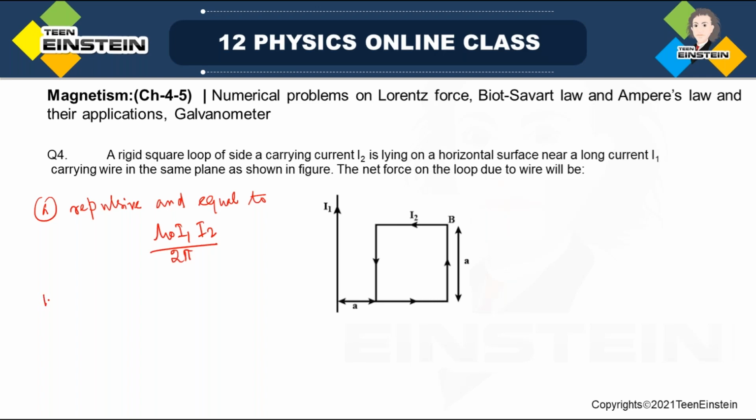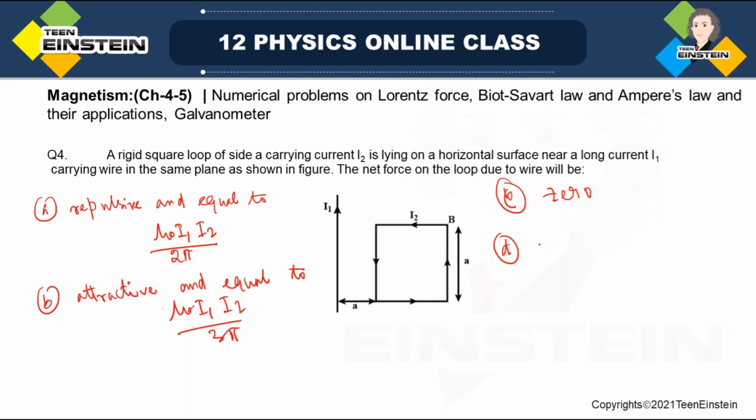Second option, attractive and equal to mu0 I1 I2 by 3 pi. Then you have option C, 0.